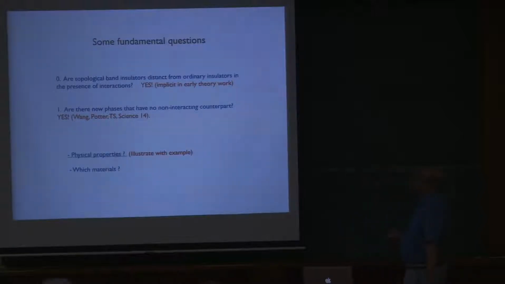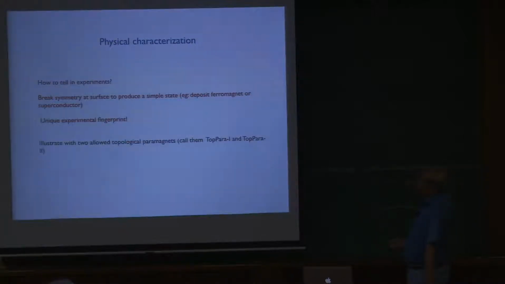Okay, so let me illustrate this with an example. We're going to talk about physical properties and I'll illustrate it with two examples in fact. So how to tell in an experiment? Suppose there's a correlated insulator. Maybe it's samarium hexaboride, maybe it's something else.